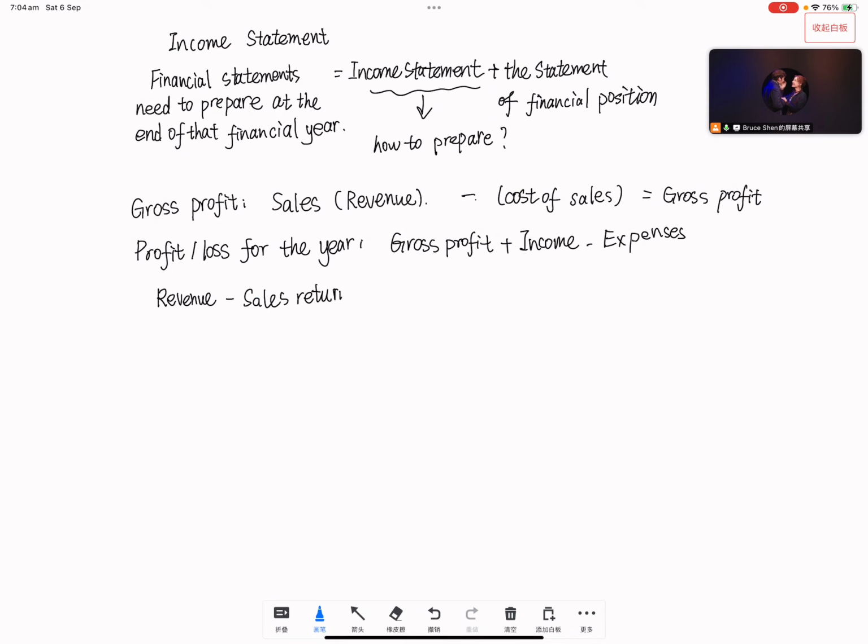And then there is cost of sales. So what is cost of sales? It means how much worth of goods we have sold during the financial year. So how can we calculate it? First, it is opening inventory.